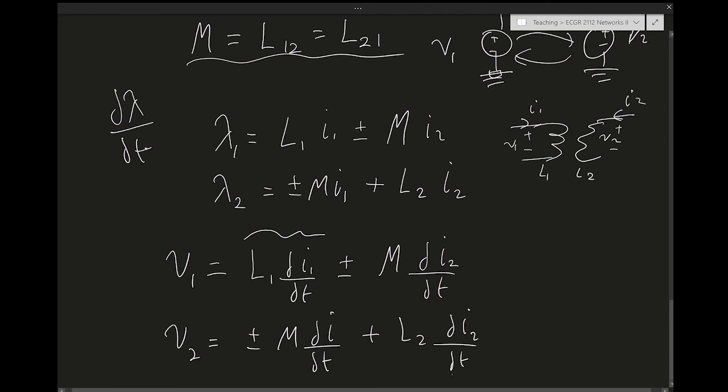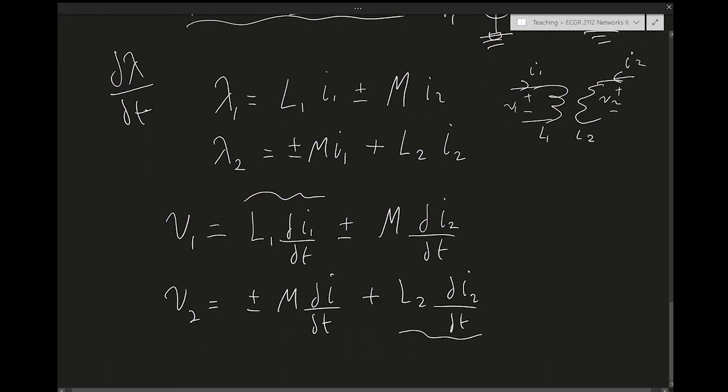Notice this part and this part are the self-inductances. They give you the voltage-current relationship that you would expect for an inductor, but there's always an extra term, and that extra term is the mutual inductance. That extra term represents the part of the voltage in coil 1 that is due to the current in coil 2. So there's crosstalk between them.